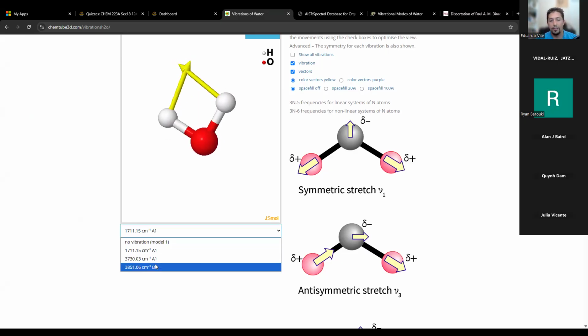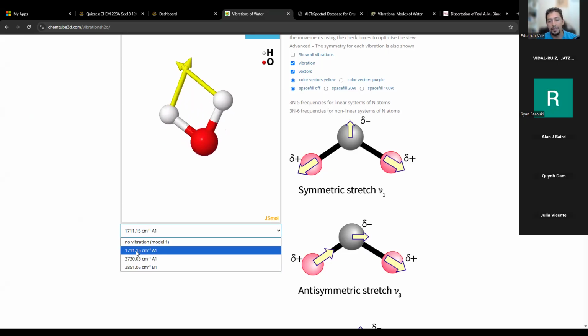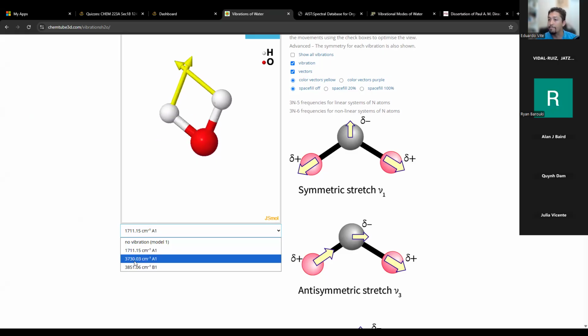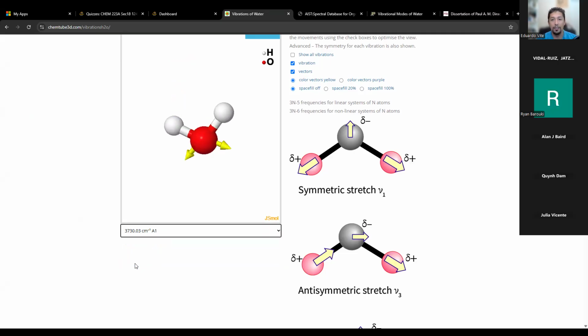Let's look at the next one. Look at the jump. It goes from 1711 to 3730. That's almost double. And look at that. It's actually a stretching motion. They're both symmetrically stretching at the same time towards the oxygen. And again, even though this stretch itself is symmetric, the vectors of the dipole do not cancel out.